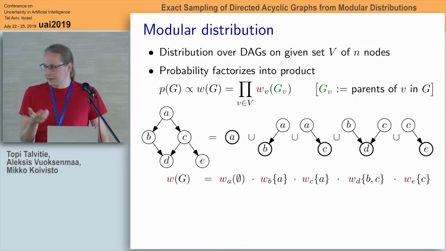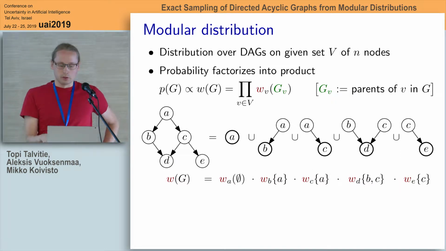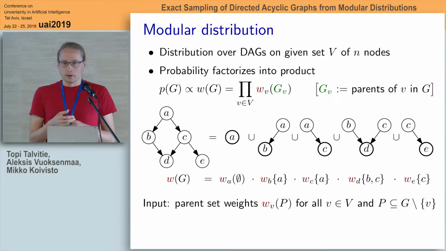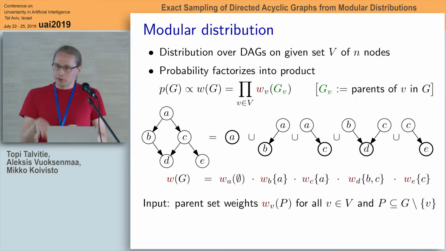For example, for this DAG G, you can compute the probability weight by multiplying these 5 parent set weights. The input to our problem is encoded as simply listing all these parent set weights.